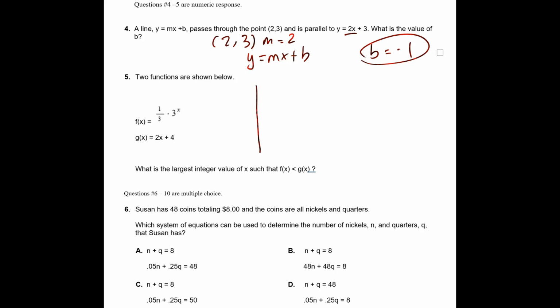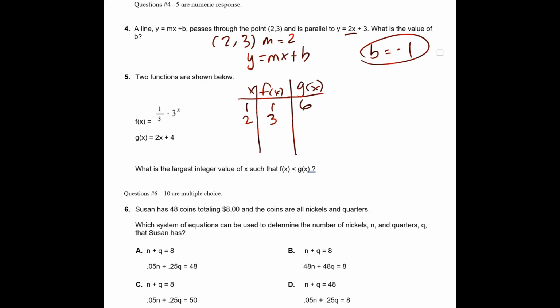So we have f of x, we have x, and we got f of x, and then we have g of x. So if x is 1, f of x, 3 to the first power is 3, so that's going to be 1. And then 2 times 1 is 2, plus 4 is 6. All right. And then if this is 2, this is 9. A third of 9 is 3.